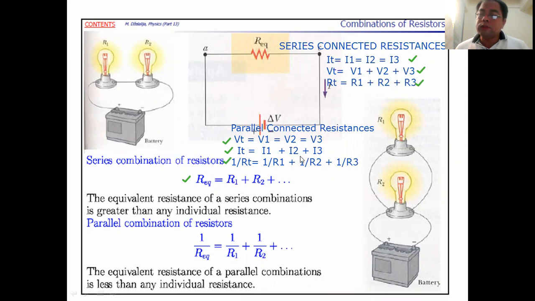However, this reciprocal expression we write when we deal with series capacitances. So for series capacitances, we have to get the reciprocal value to get the total capacitance. So again, that expression is also shown below: 1 over the equivalent resistance is equal to 1 over R1 plus 1 over R2 plus the succeeding reciprocals of the succeeding resistances.